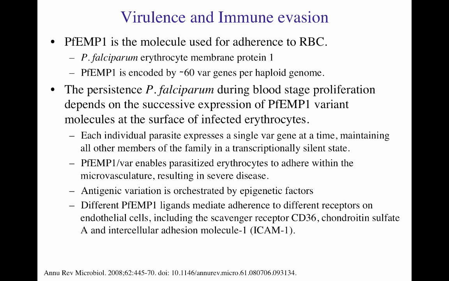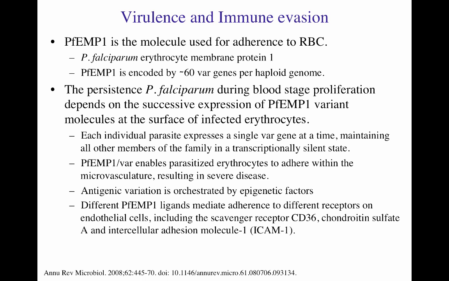Each individual parasite is only going to express one variable gene of PfEMP1 at a time, and is going to maintain the other members of the family in a transcriptionally silent state, and that is done through an epigenetic mechanism.